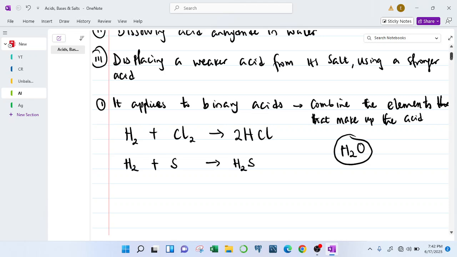Is water a base? Or is water neutral? I guess I'll leave you to ponder that, and let's see what you come up with. But the main idea here remains, not every time when you have hydrogen and a non-metal does it give you an acid. It has to behave as an acid when it is in solution.